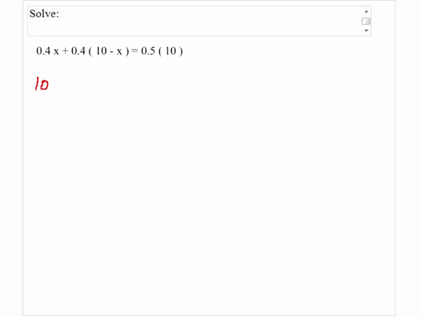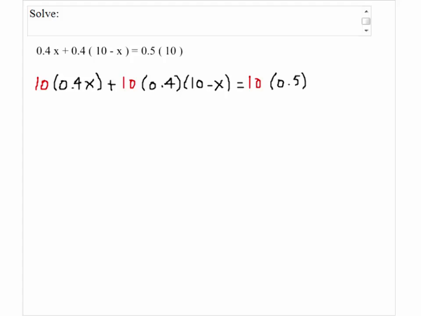So I have 10 times 0.4x plus 10 times 0.4 times (10 minus x). And here we have 10 times 0.5 times 10.